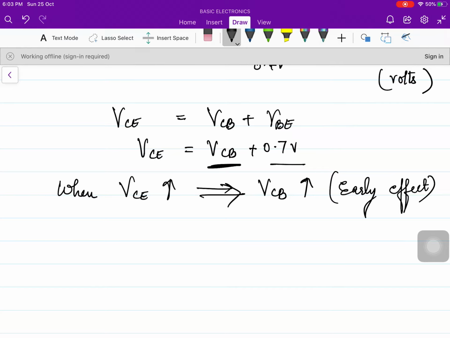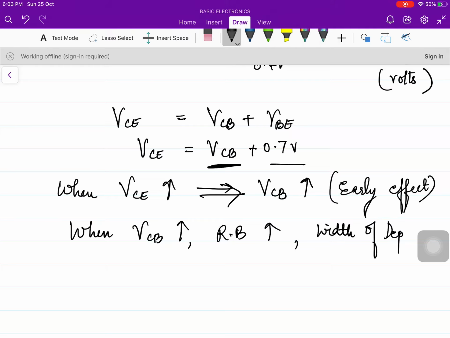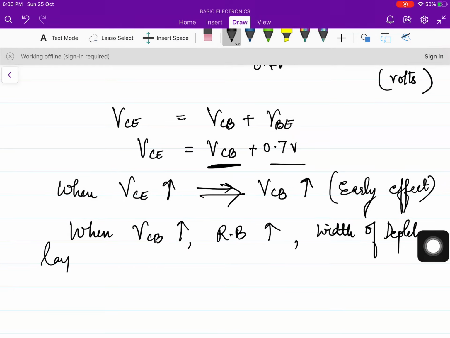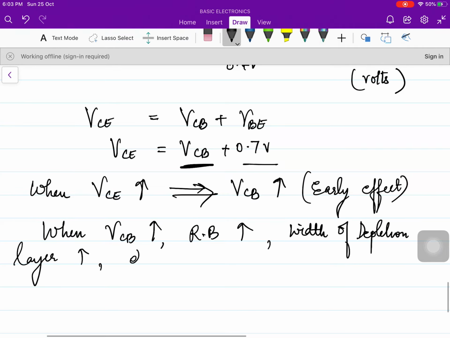So again I would repeat: when VCB increases, reverse bias increases, the width of the depletion layer increases. What happens then?